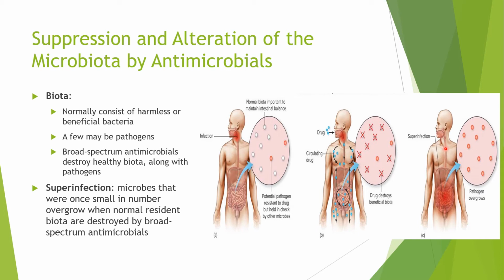And so that's why you will notice that if you take an antibiotic, a lot of times when you read the information page that's associated with your antibiotic, it will tell you taking this antibiotic can cause C. diff, Clostridium difficile infection.